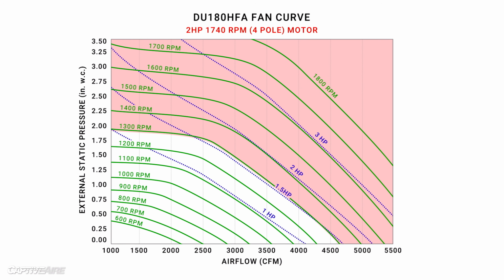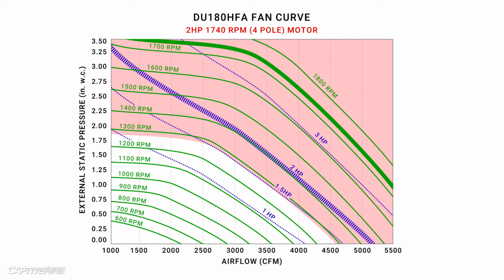The red shaded area has moved down now, and it seems to be following an RPM curve just under 1300 RPM. And you might say, shouldn't the limitation be 1740 RPM or 2 horsepower? It's neither of those. And that's because, well, we don't have enough horsepower to even get to 1740 RPM.